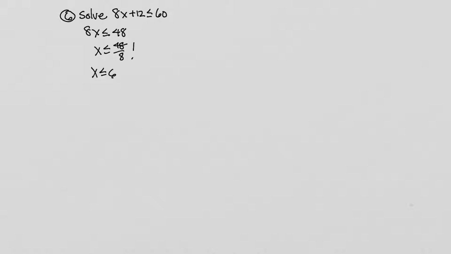Now we can graph this solution. What I've got right here is inequality form. We can graph the solution by drawing a number line, labeling it x, and then we'll come over, just pick any point, we'll label it 6, and because of the equal sign there, we're going to draw a closed circle.